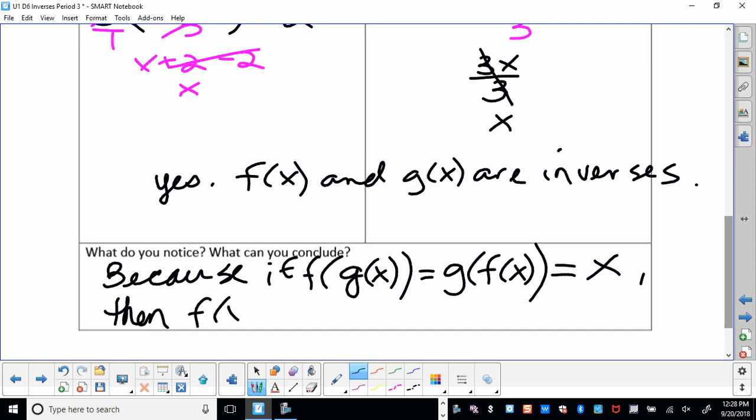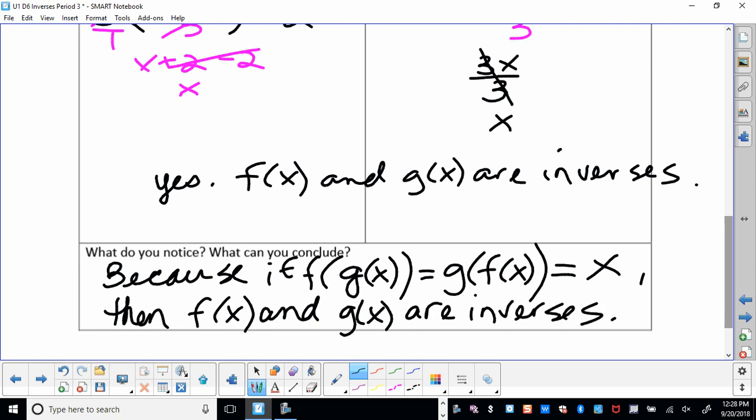Okay, because they undo each other. They get x all by itself, and that's what the inverse does.